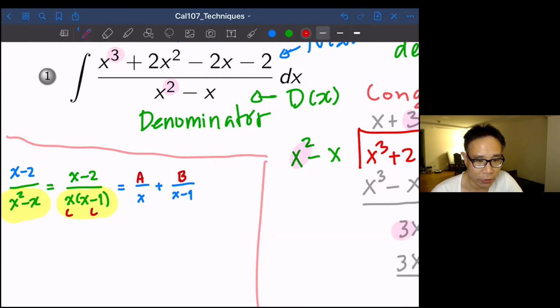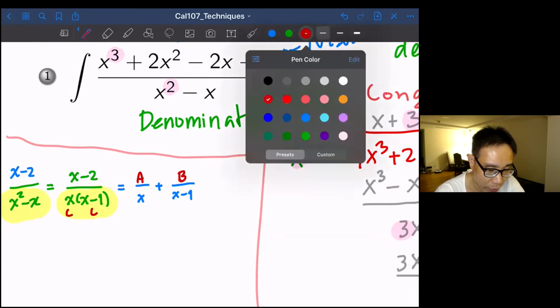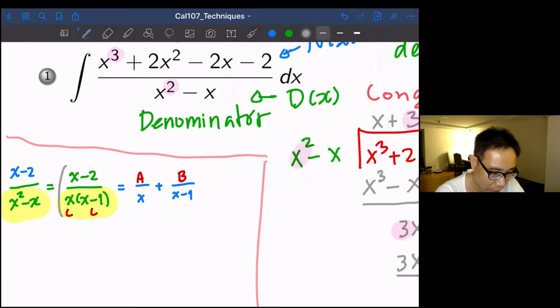Okay, so this is what you have. And then in order to solve for A and B, the thing that I will do is multiply the whole thing by x times x minus 1.